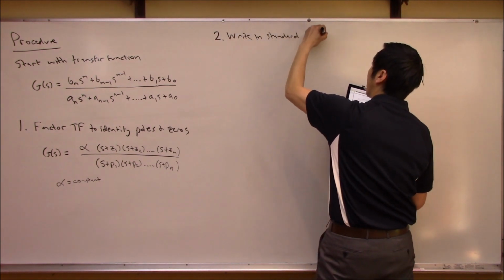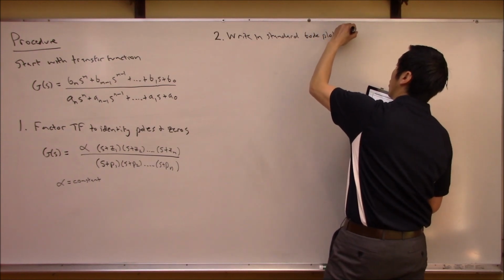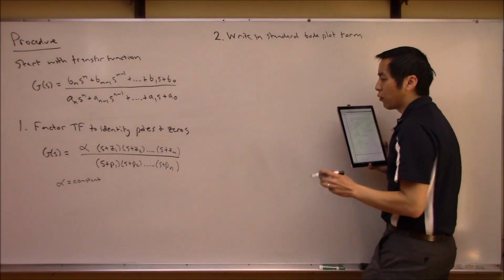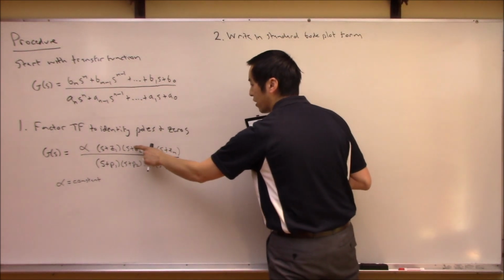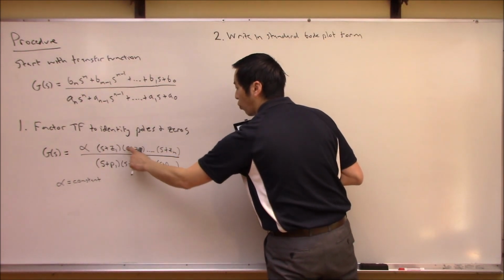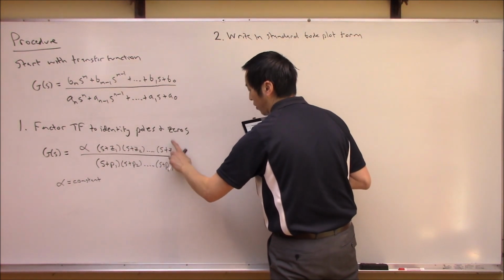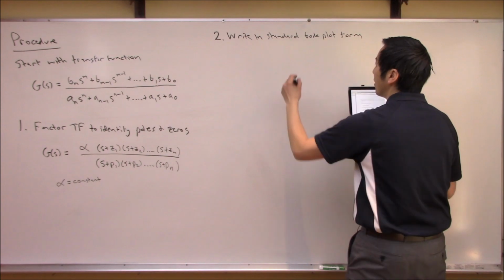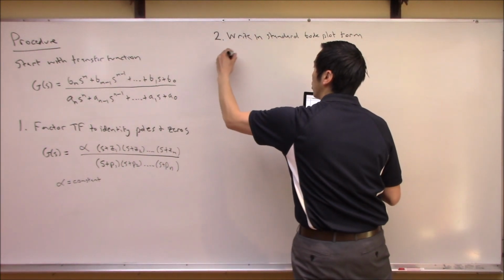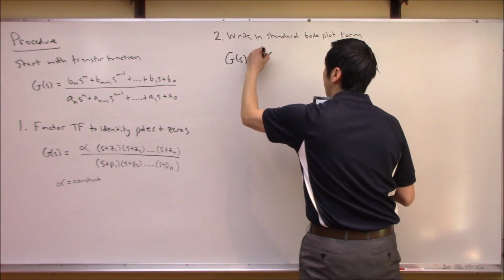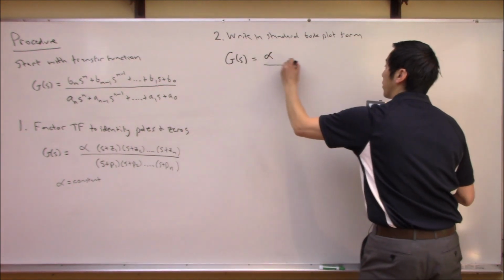Just to refresh your memory, the idea with the standard Bode plot form is that we factor out so that I want ones everywhere in all of these s plus z1 terms. Instead of me talking about it, let me just show you. So G of s is still going to have this alpha term, and maybe let me write it like this.